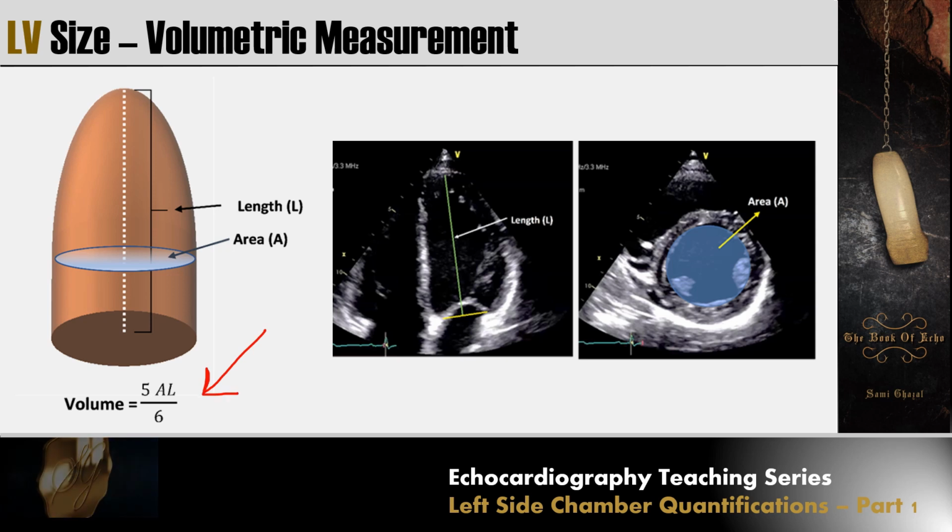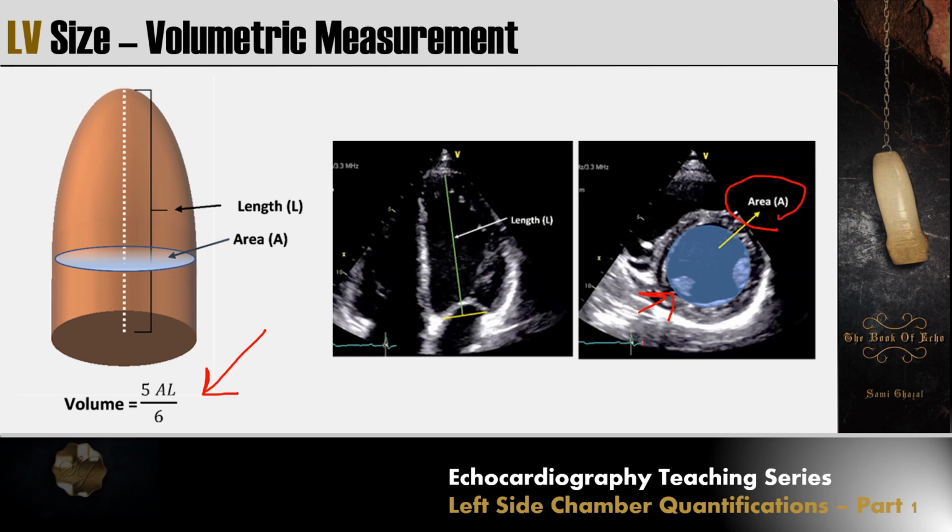How to do it? This is the equation here. We need to get the area. We measure it in short axis at the level of mid LV, where you see the papillary muscle. You measure the cavity here, trace it, and you get the area.